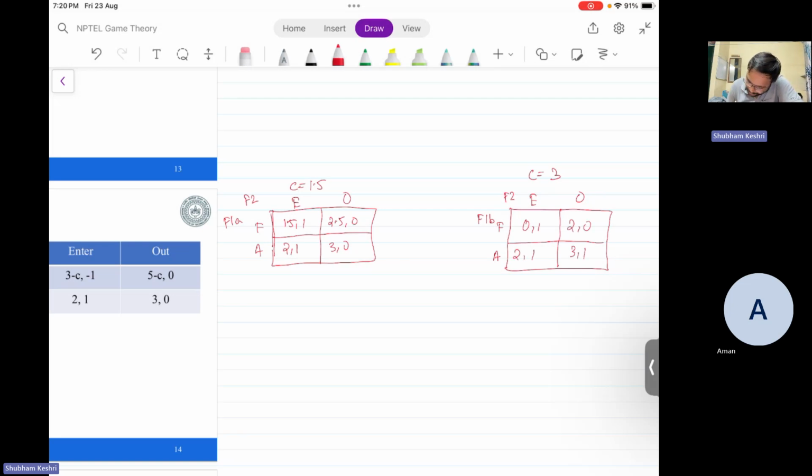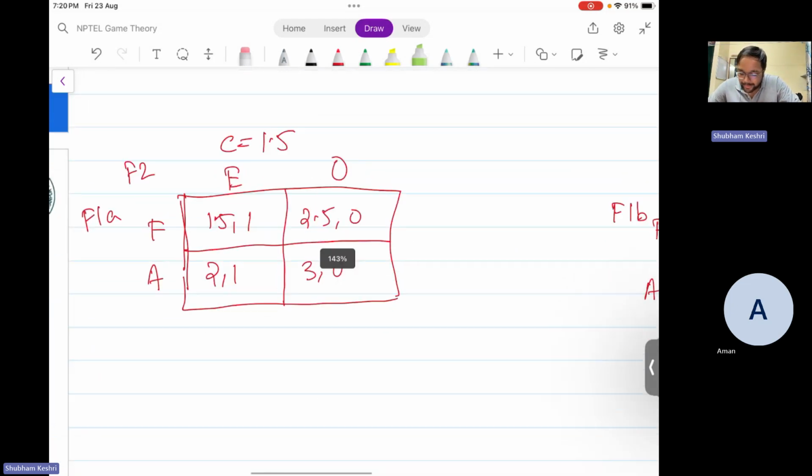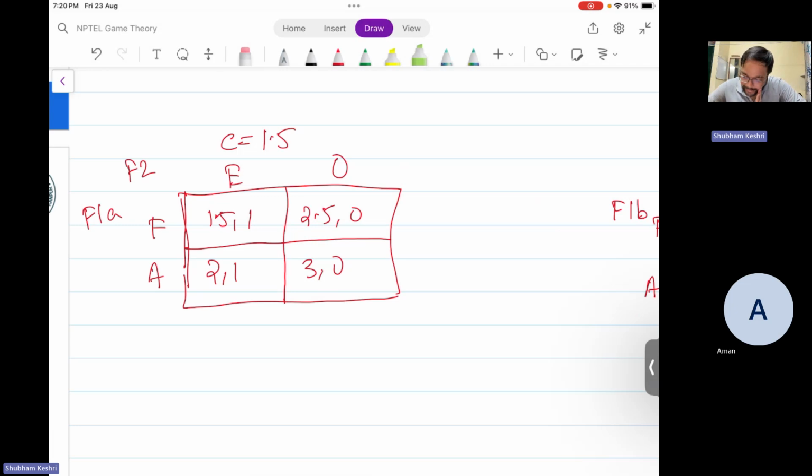All right, so we'll find out the expected utility of firm 2. Now first we'll find out the best response of player 1 when he is of type A, and then we'll find out the best response of player 1 when he's of type B. So when player 2 is playing enter, his best response is to accommodate.